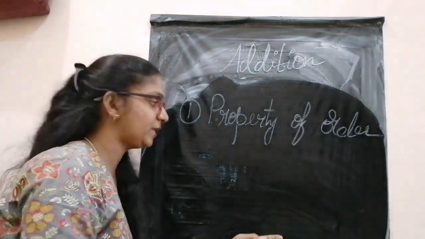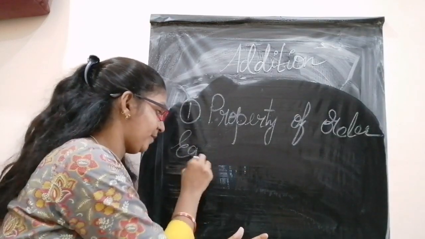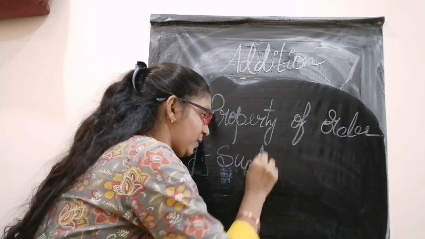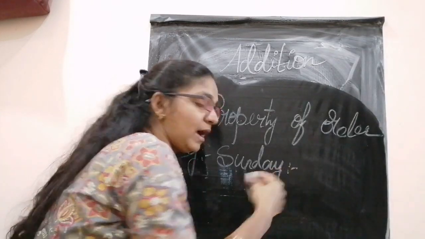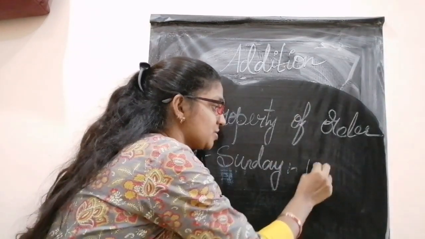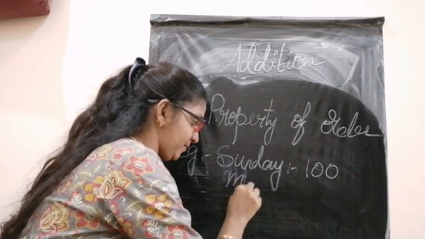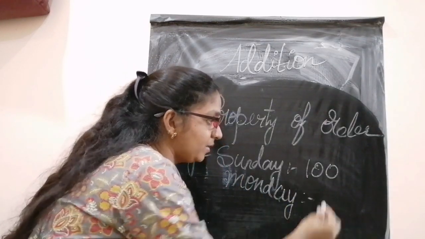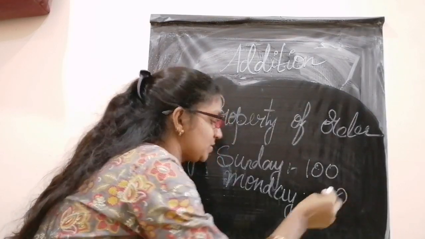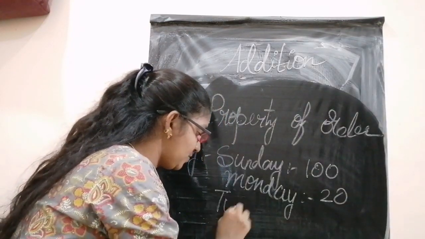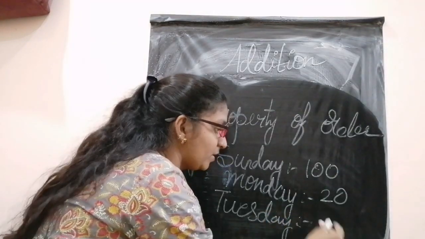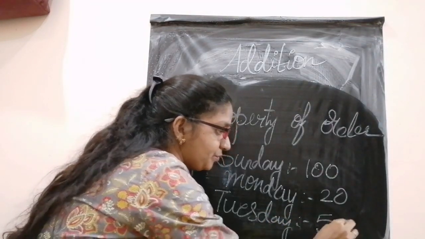For example, on Sunday I had 100 oranges, on Monday 20 oranges, and on Tuesday 50 oranges.